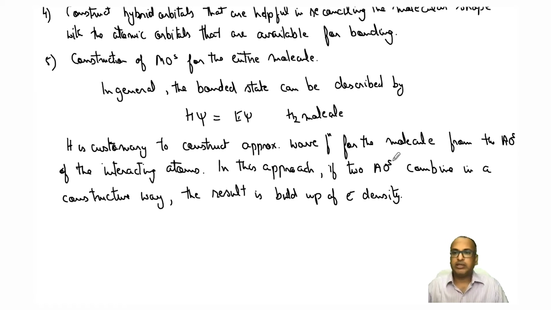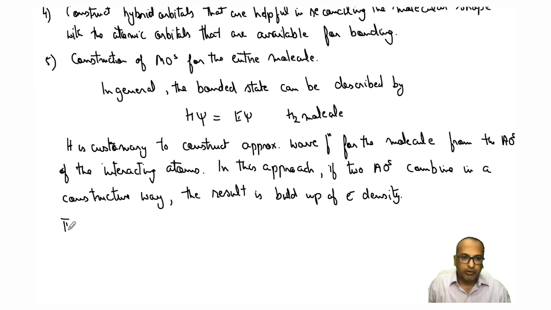If two positive phases interact, it's like simple addition of waves, so there would be an enhancement of electron density in that area. If two opposite phases of atomic orbitals interact, there would be a loss of electron density, and the corresponding interactions are called bonding and anti-bonding, right? And if there is no change in electron density upon combination of atomic orbitals, it is called a non-bonding interaction. We'll see how it works out.